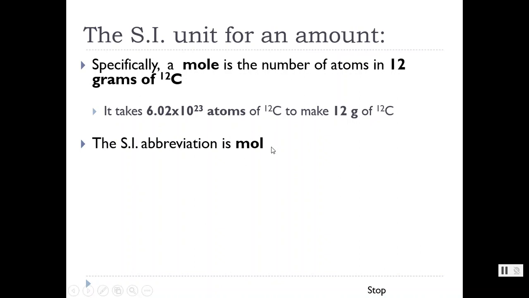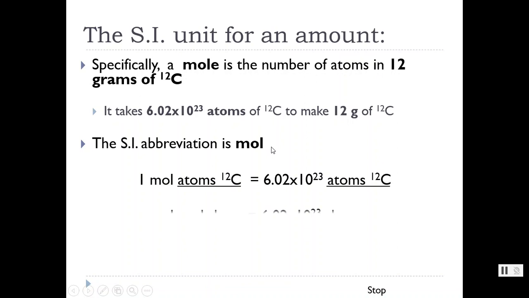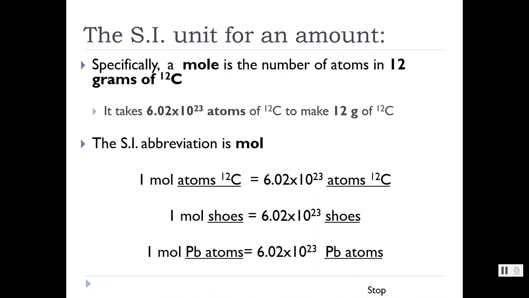It's abbreviated mol, and that 1 mole of anything is equal to 6.02 times 10 to the 23rd of whatever you're counting, be it atoms of carbon-12 or lead atoms or shoes.